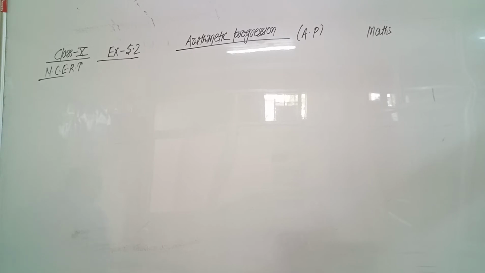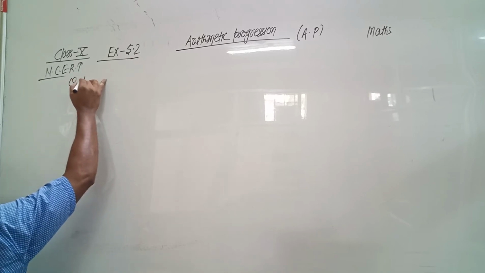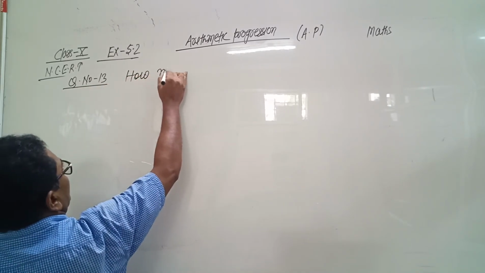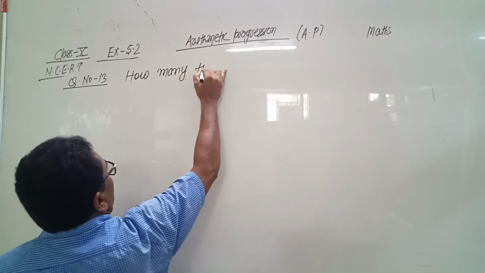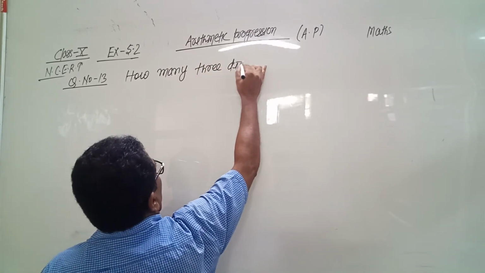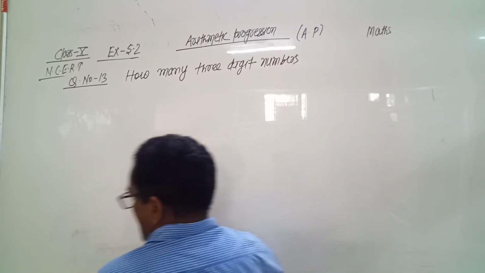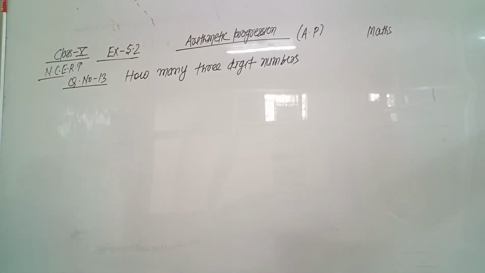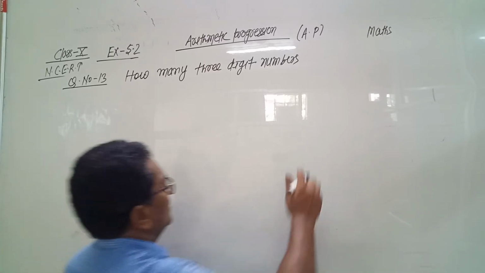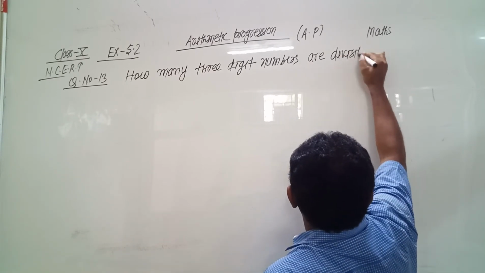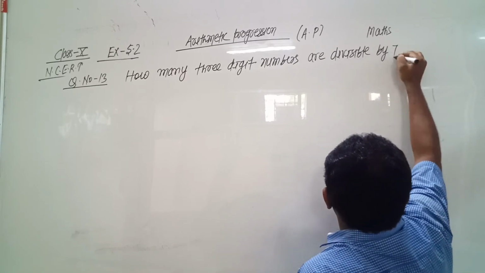Next, question number 30. How many 3-digit numbers are divisible by 7?